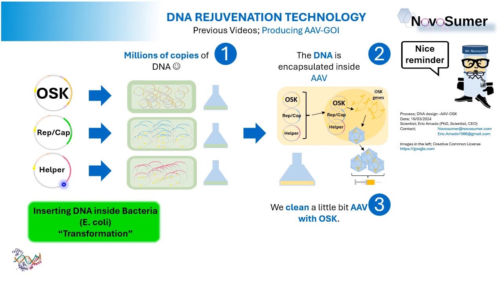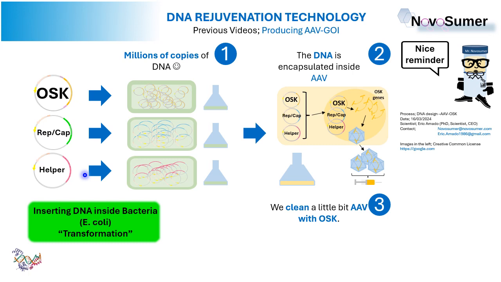So before starting with the steps, we need to design good DNA with OSK, right? This was what we learned in the second video, how to design DNA and ordering it from a DNA provider, buying it. It is easy, as you learned in the second video.